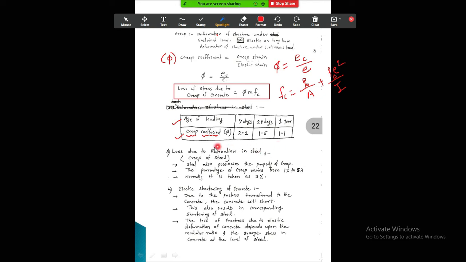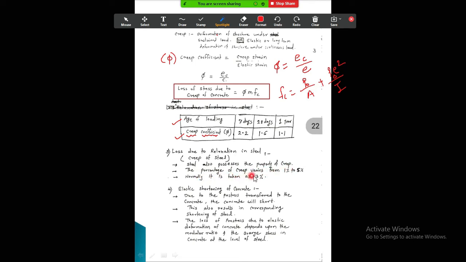Now, loss due to relaxation in steel. This is called creep of steel. Just now we have seen the creep of concrete. Loss due to relaxation of steel means creep in steel. This is a very simple loss. Steel also possesses the property of creep.